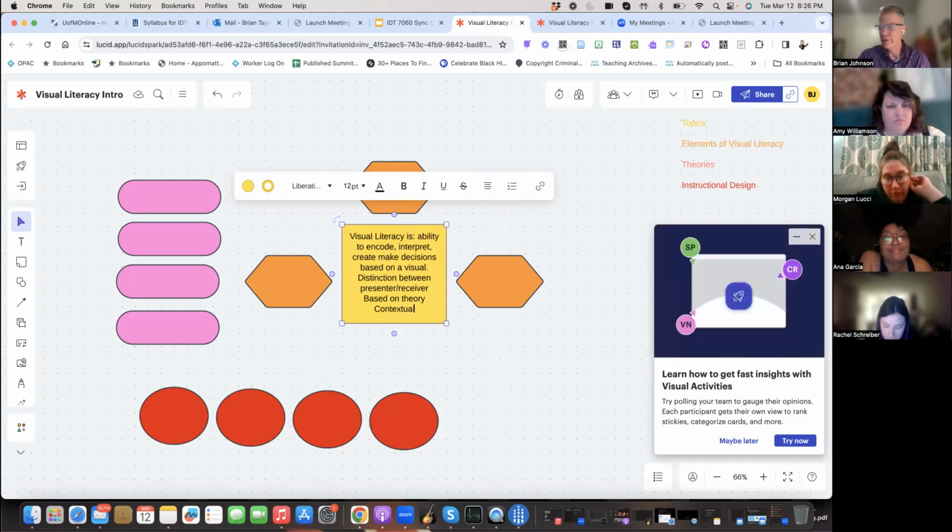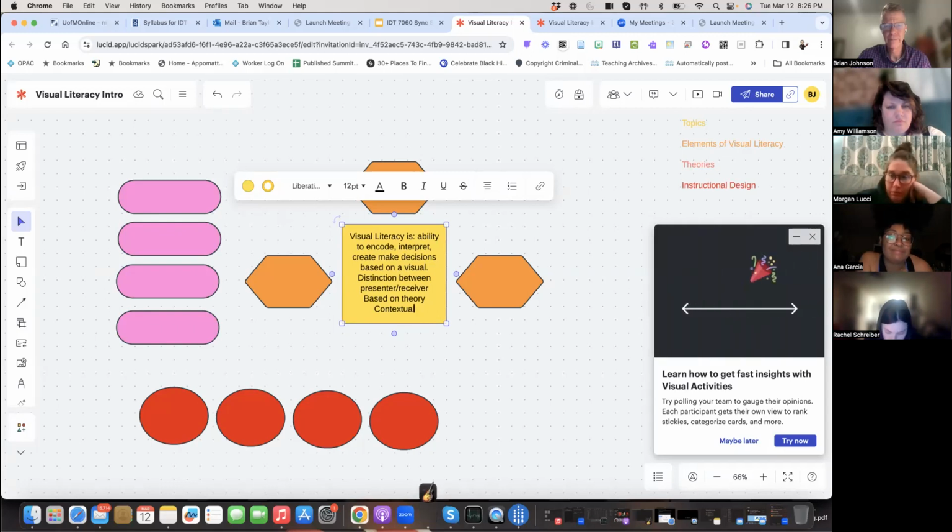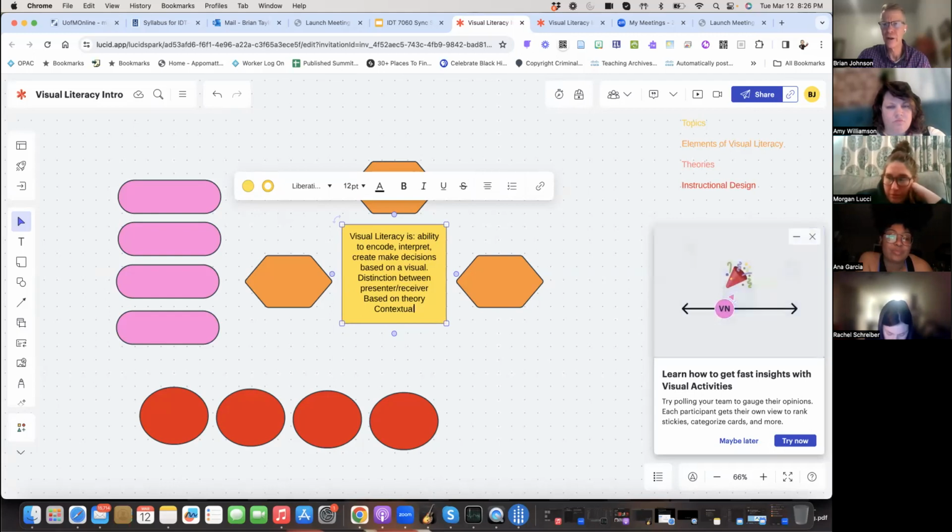How is visual literacy contextual? Or what might be some of the contextual factors we have to consider as designers of visuals as we're crafting an image to present a message?